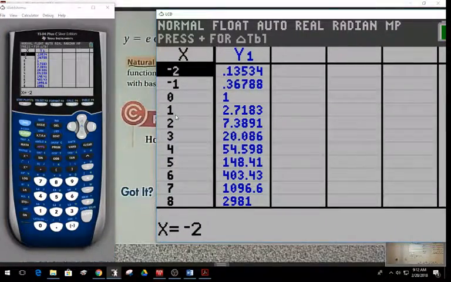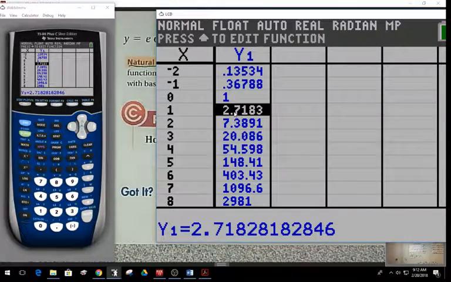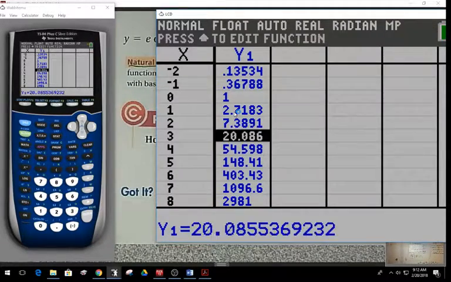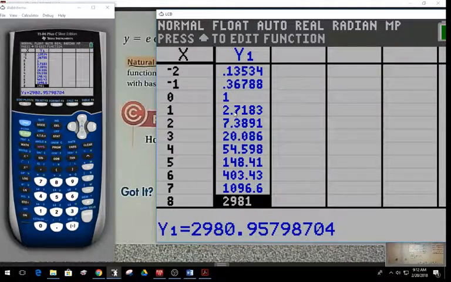You can see that when x is 1, y gives me this value. And now it's rounded a little bit so that it will fit in the columns. But remember, if you arrow over to that at the bottom of the screen, it will give you a much longer value. So if I wanted to know e to the 8th, I would just arrow all the way down. There's my e to the 8th.